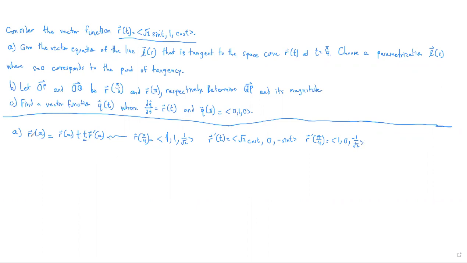So based on this, L of s, the vector equation that is tangent to r of pi over 4, this is the tangent line for the vector equation at pi over 4, is equal to this original point, 1, 1, 1 over root 2, plus s times 1, 0, negative 1 over root 2.